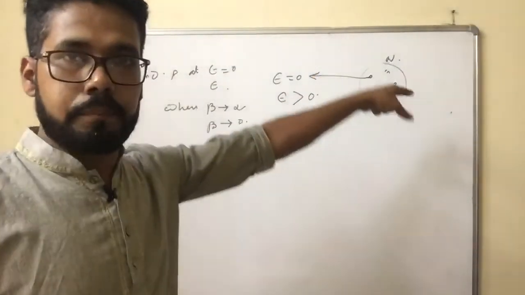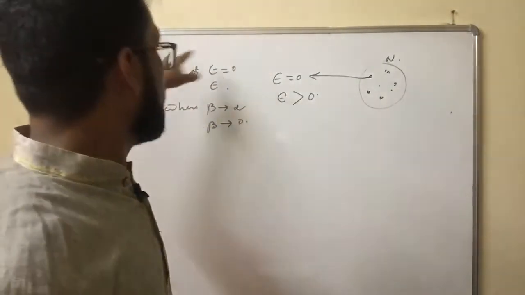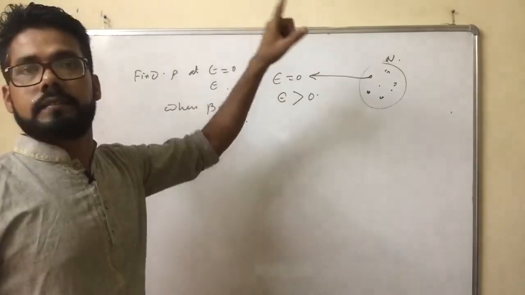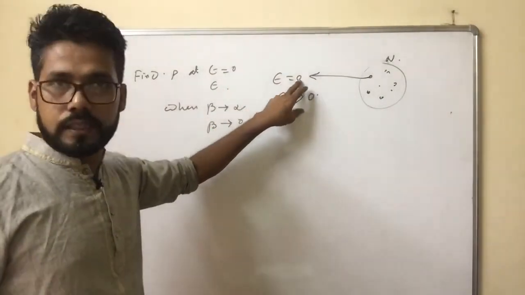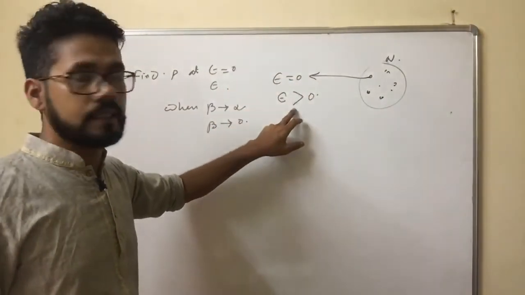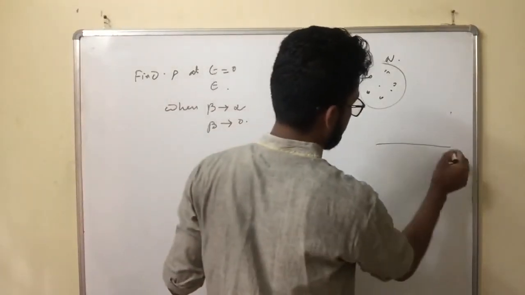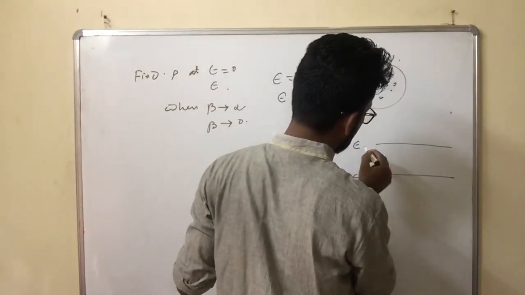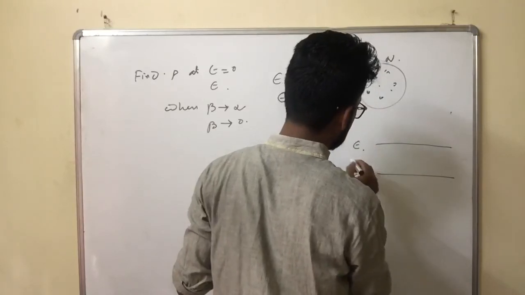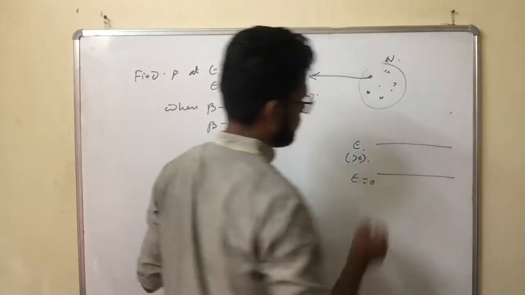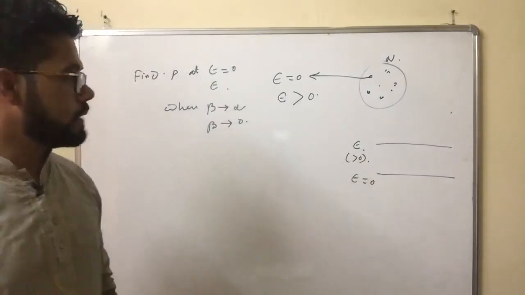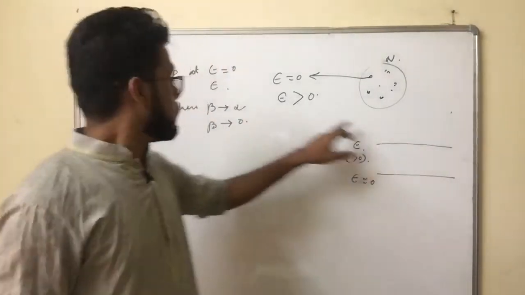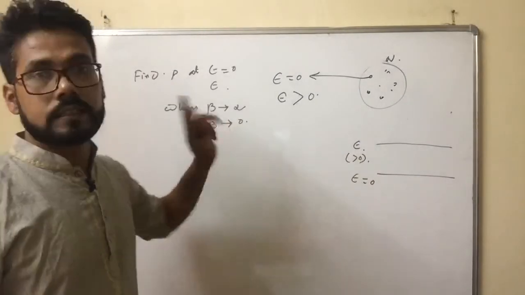Consider a system of n particles, and each particle has two energy levels: one is E equal to 0, another is E greater than 0. Now the question is to find the probability at this level and at this level when beta tends to infinity and when beta tends to 0.